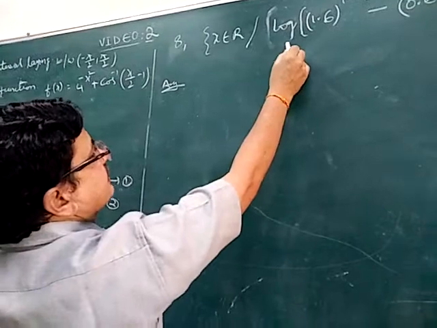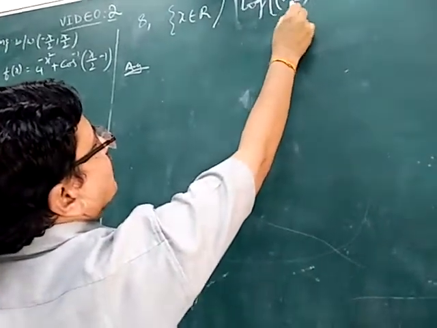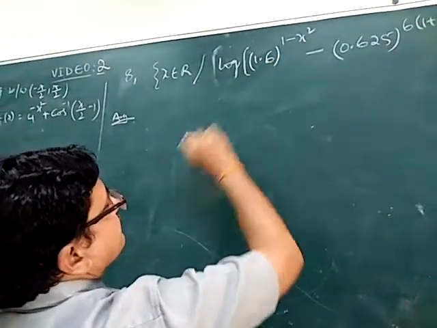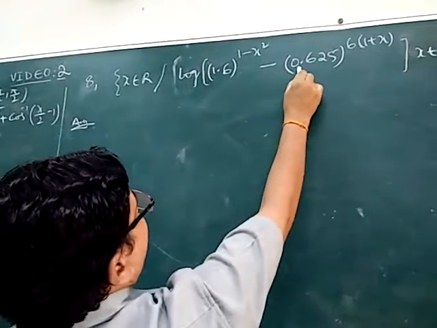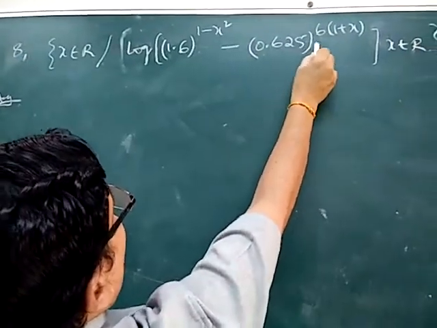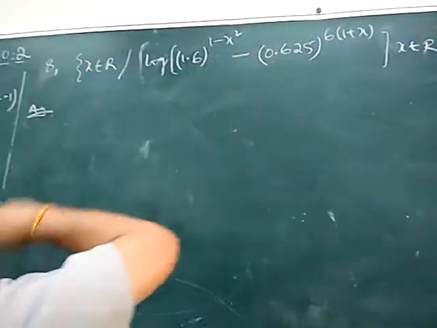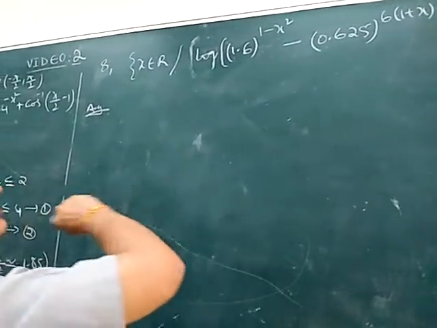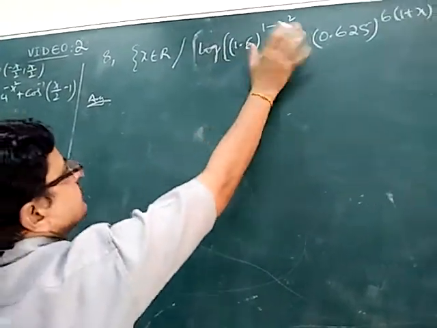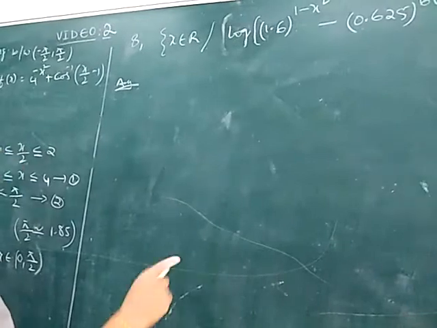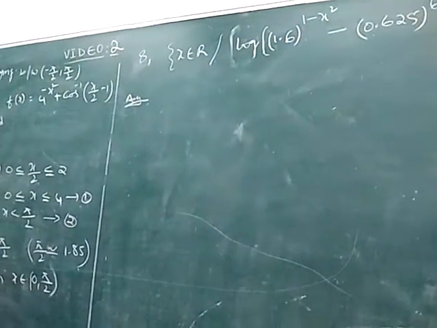The given function is log of (1.6) whole to the power of 1 minus x square minus (0.625) whole to the power of 6 into 1 plus x. This is the given function. This is of the form log x, that means x must be greater than 0.